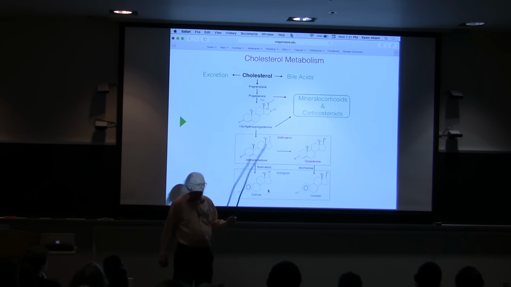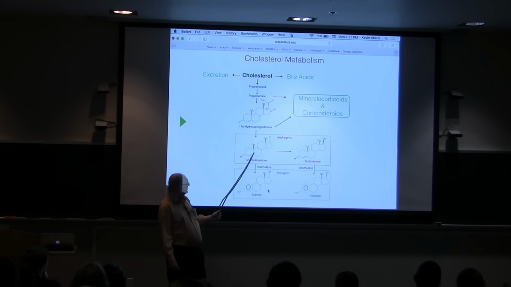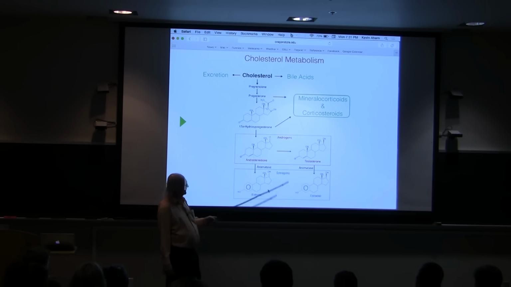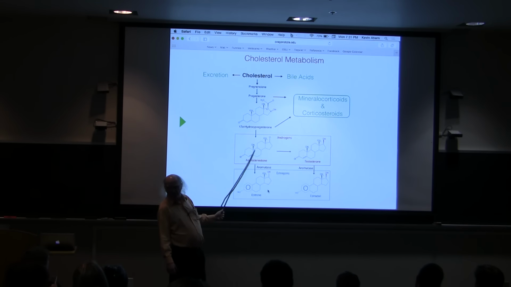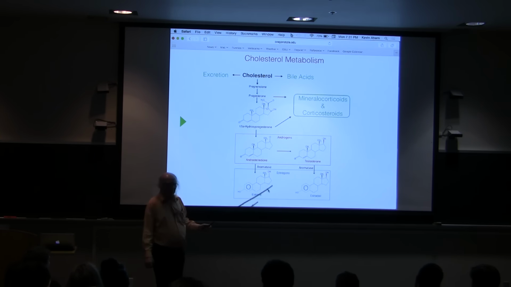In terms of function, this is what really gives the male sex characteristics. This guy was big in the news in baseball about 15 years ago, when they had the steroid issue. One of the ways the steroids were given to these people was they didn't give them this, they gave them this. Well, this guy metabolizes into this, and so they were cheating, right?